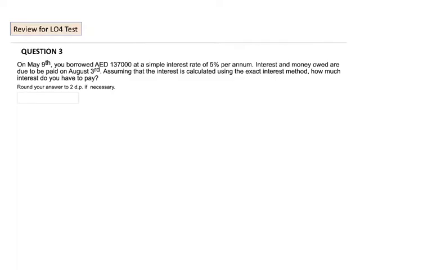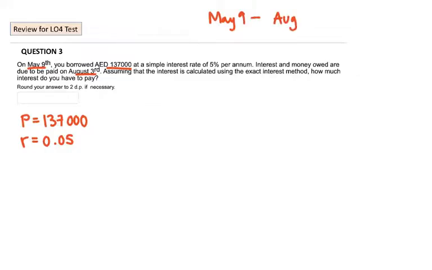All right, let's look at this question. It says on May 9th, we borrowed 137,000. That's our starting amount, 137,000 dirhams. Simple interest rate is 5%, 0.05. Interest and money owed are due to be paid on August 3rd. So this is a little bit more complicated because they're giving us 2 dates, May 9th until August 3rd.